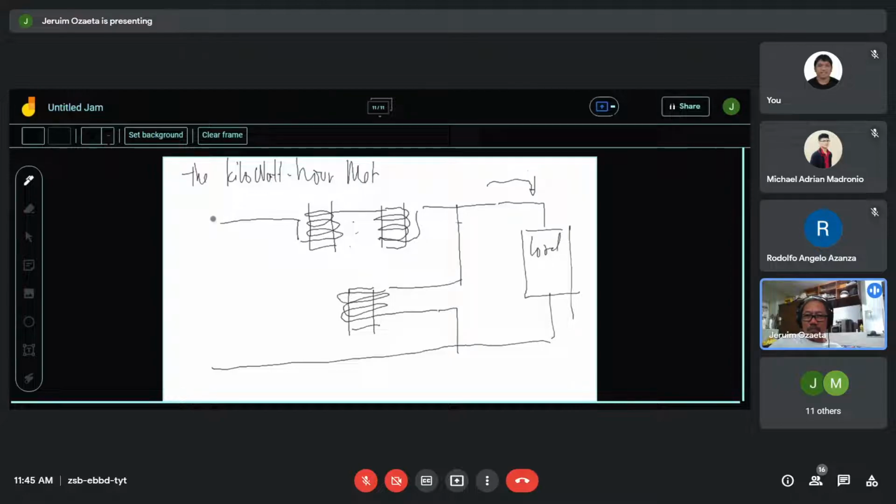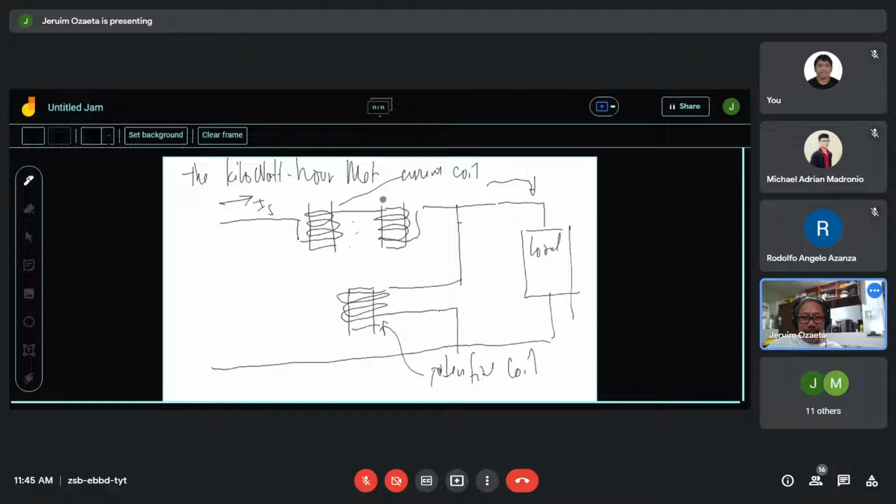The current here from the source goes to the current in the coil, meaning this is the current coil. This is the potential coil. So what is the purpose of generating a magnetic field?